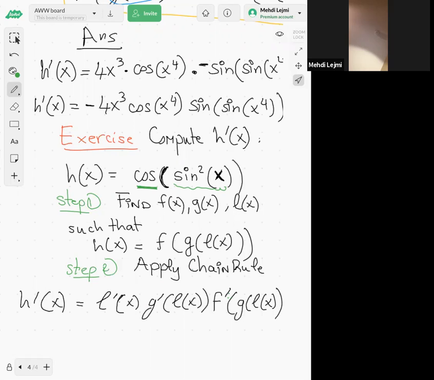The angle here is the sine square of x. Yes, very good, Ibrahima. Excellent.